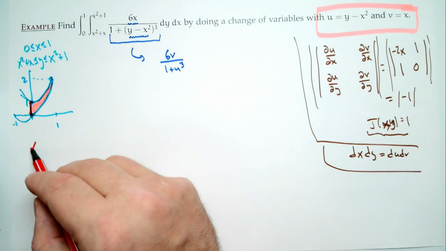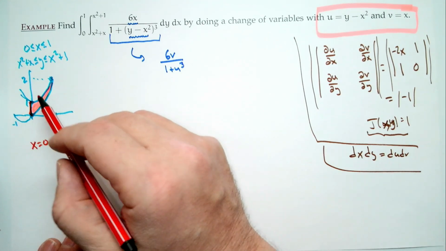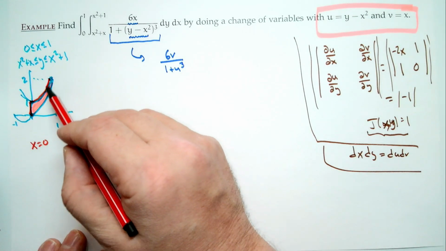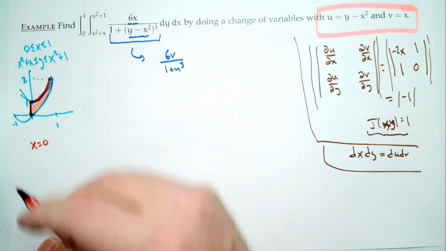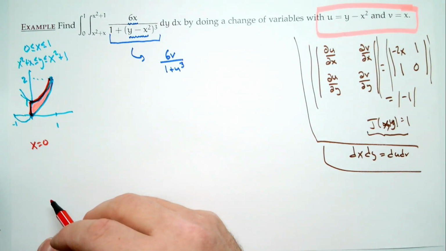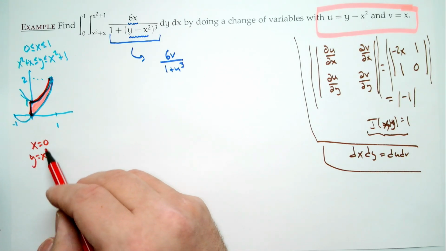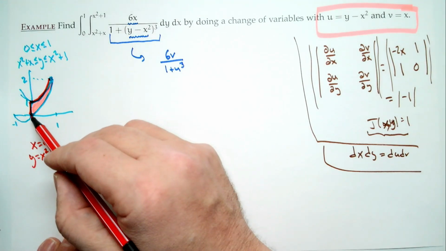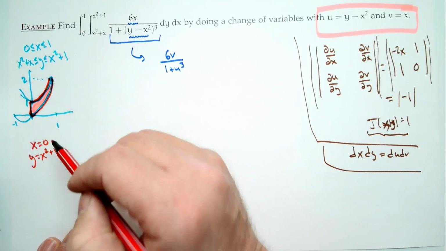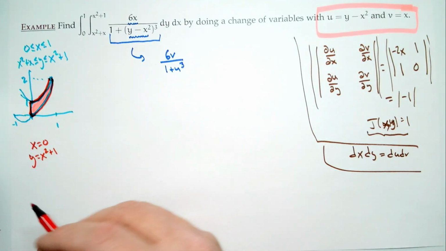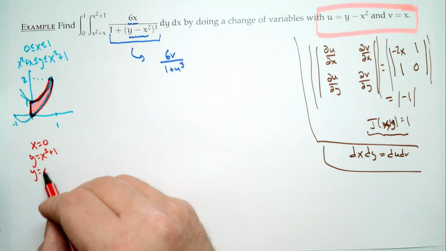X equals 0. How about the top one? What's that curve? Y equals x squared plus 1. How about this bottom curve? What's that? Y equals x squared plus x.